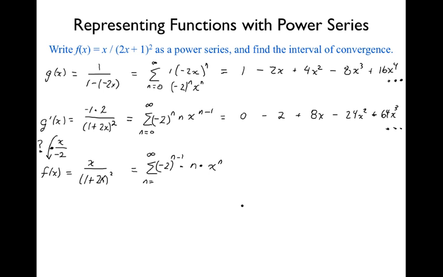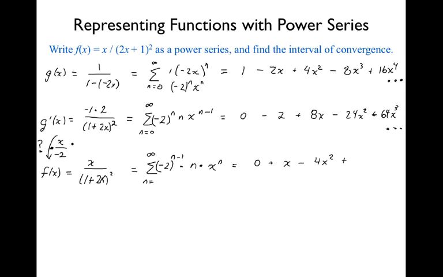And I'm going to do this to all these terms, multiply by x over negative 2. So I'm going to get plus x minus 4x squared, is that right?